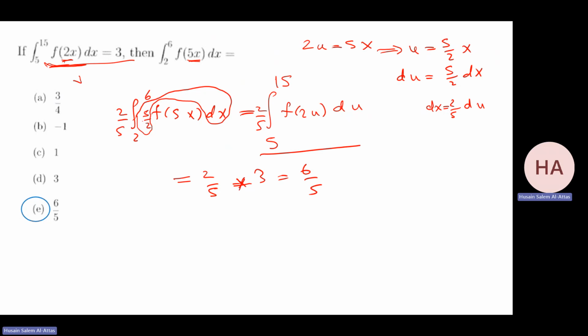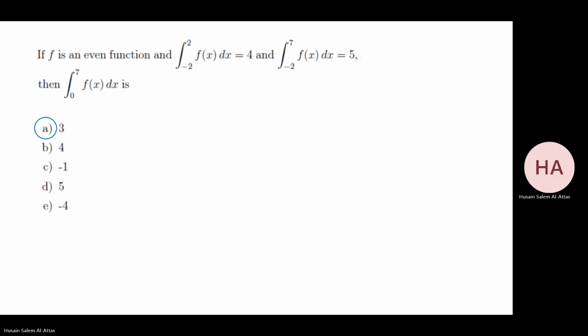As I said, you can do it in another way, where I change this into f of u, I change this into f of v, then you compare the functions. It will be easy. Okay, instead of making it to 2, make it to u, but I need to change this into f of u. Okay. If f is an even function, and this is equal 4.